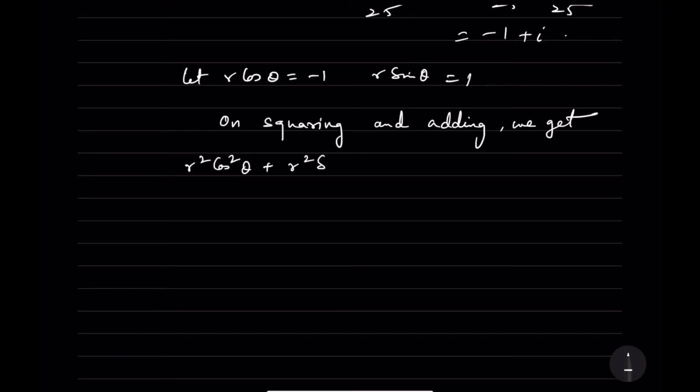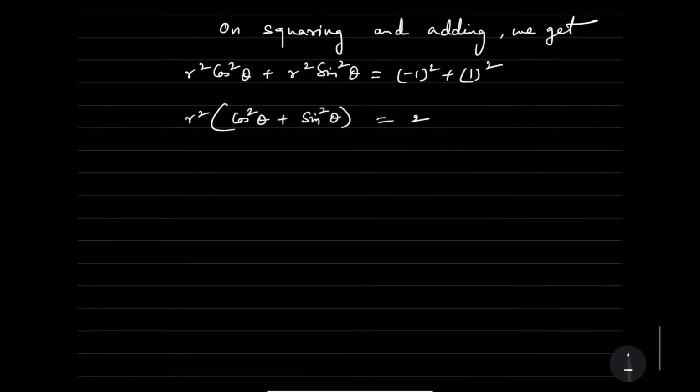Now to write this equation in polar form, we have it as equal to minus 1 plus i. So let r cos theta be equal to minus 1, r sin theta is equal to 1. On squaring and adding, what do we get? On squaring and adding, we get r square cos square theta plus r square sin square theta is equal to minus 1 whole square plus 1 whole square.